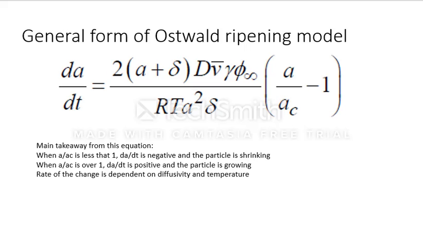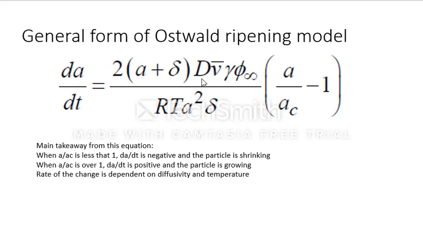The general form of the Ostwald ripening model is this equation right here. In this equation, a is the radius of the particle or drop, so this is showing the change in that radius over time.